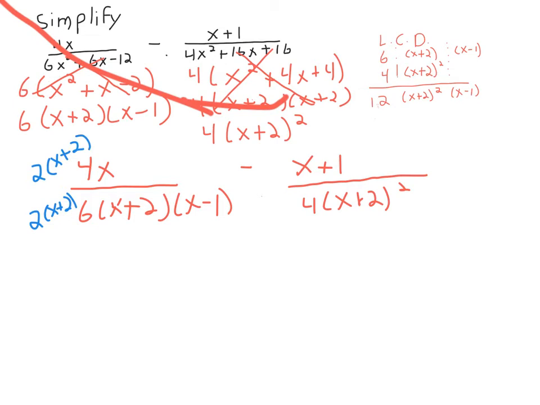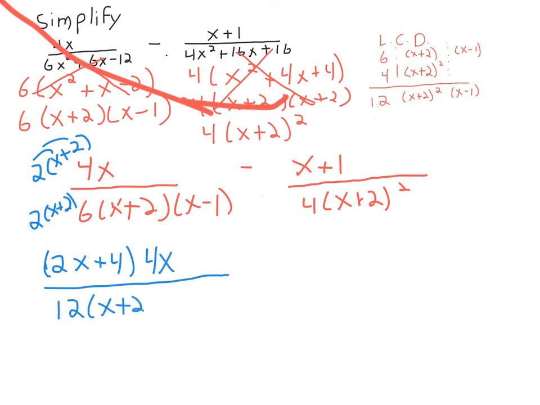That would leave us with 2, and I'm going to distribute the 2 through: 2x plus 4 times the original 4x, all over 12 times (x plus 2) squared times (x minus 1).